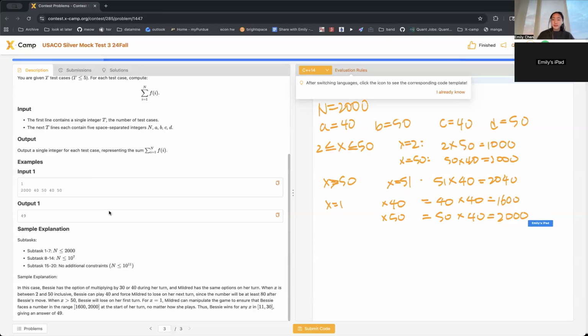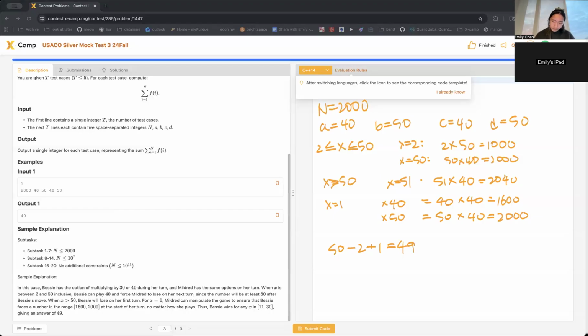And in both of these options, Mildred would not lose on her turn and would in fact force Bessie to lose on her next turn. So the actual answer for this sample input would be 50 minus 2 plus 1. So all the numbers in the range between 2 and 50, which is 49, as you can see from the sample output.